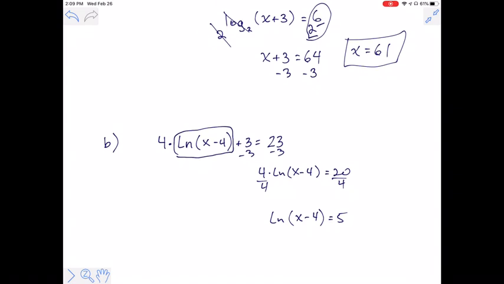Now we've isolated the logarithmic term, so the next step is to exponentiate on both sides using a base that's going to cancel that particular logarithm. In this case, we need to use a base e. And a base e cancels a natural logarithm, so we have x minus 4 equals e to the 5th.